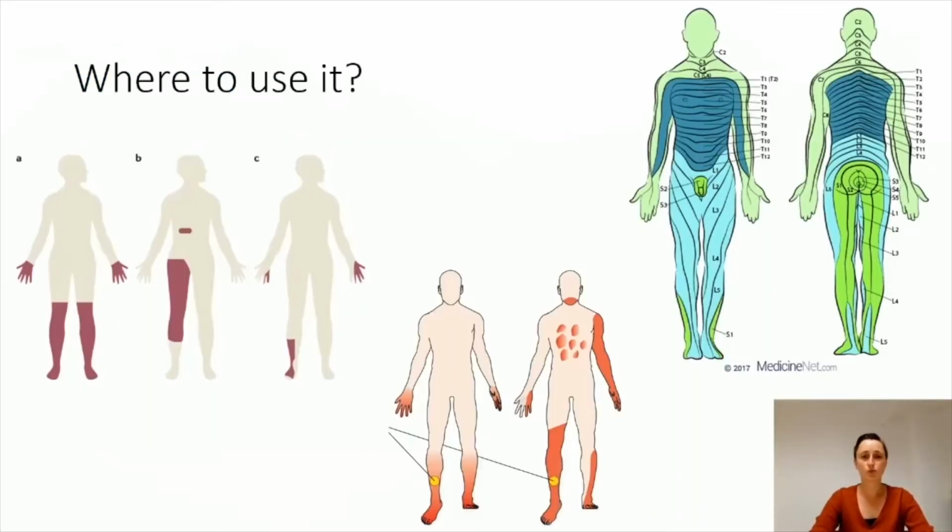Of course, it is important to realize where you want to use these thermodes and where you want to do your QST. The place that you choose will, of course, depend on the complaints or the symptoms that a certain patient is presenting with.